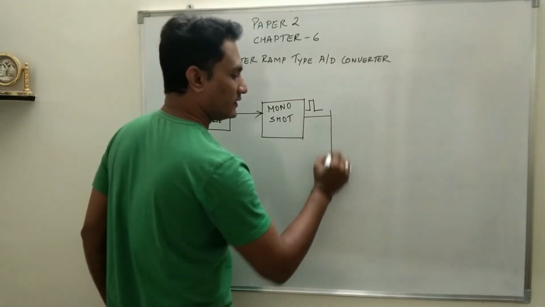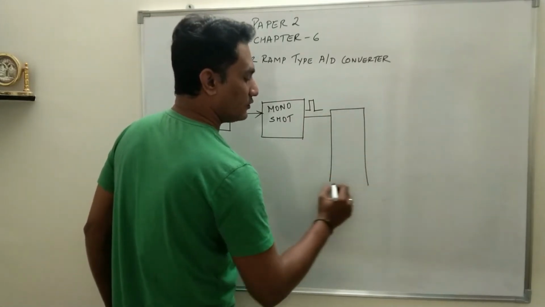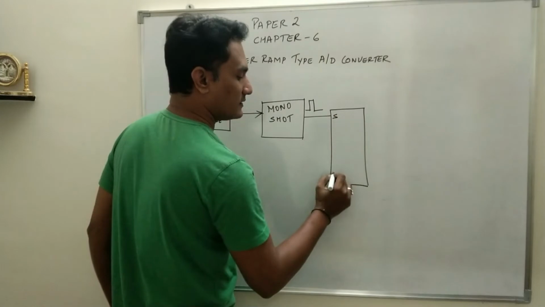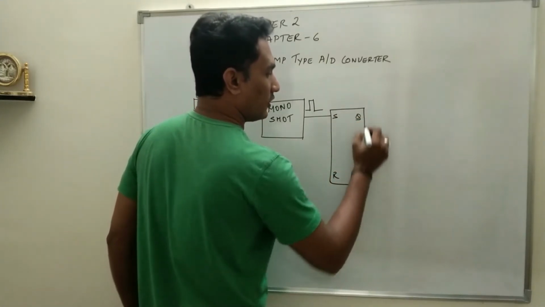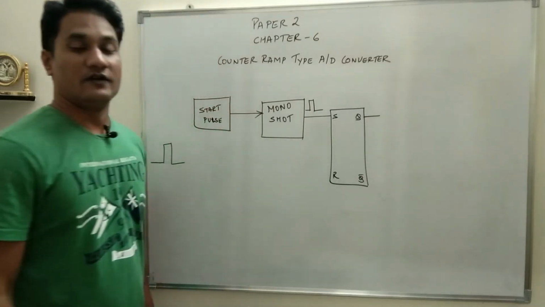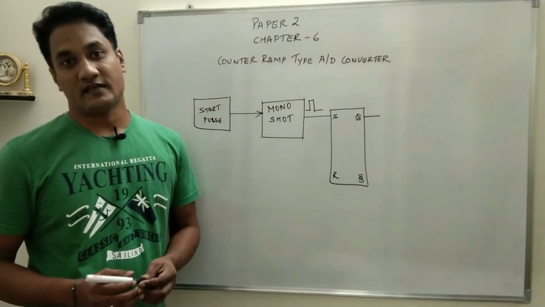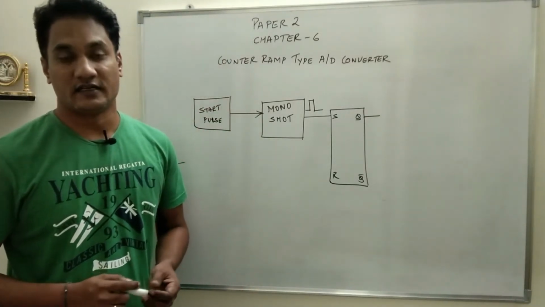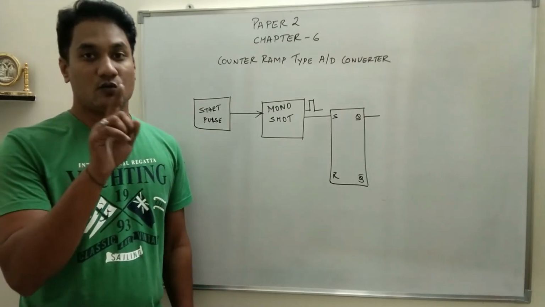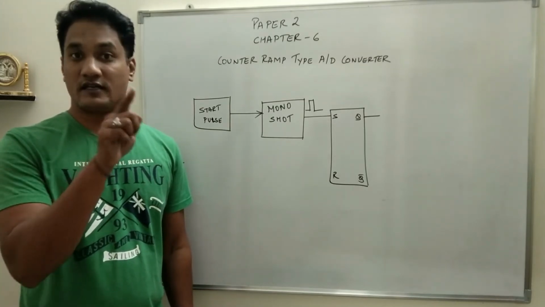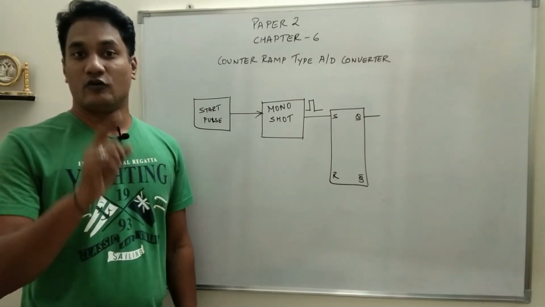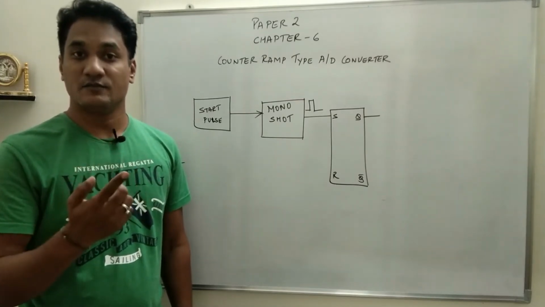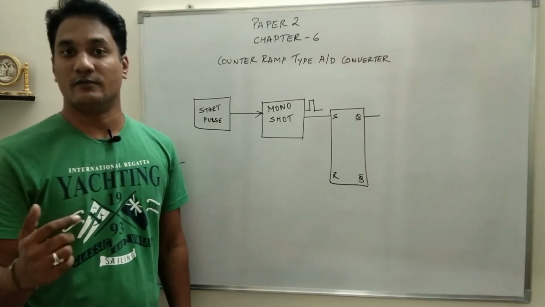Now the output of the monostable will be given to, if you remember this symbolic representation, the SR flip-flop, where S stands for set and R stands for reset. If you remember, when S is equal to 1, R is equal to 0, the trigger is provided to S, and the output sets, which means Q will become 1, Q bar will be 0.